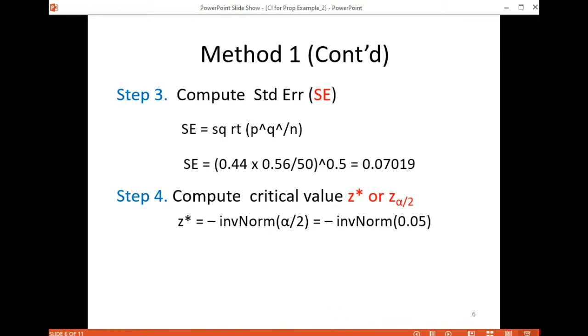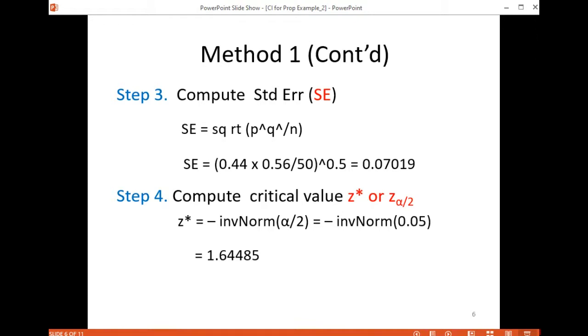In other words, by symmetry, we go over to the left side, find the point at which the area is alpha over 2 to the left, and then take the opposite to get the z score on the right side.